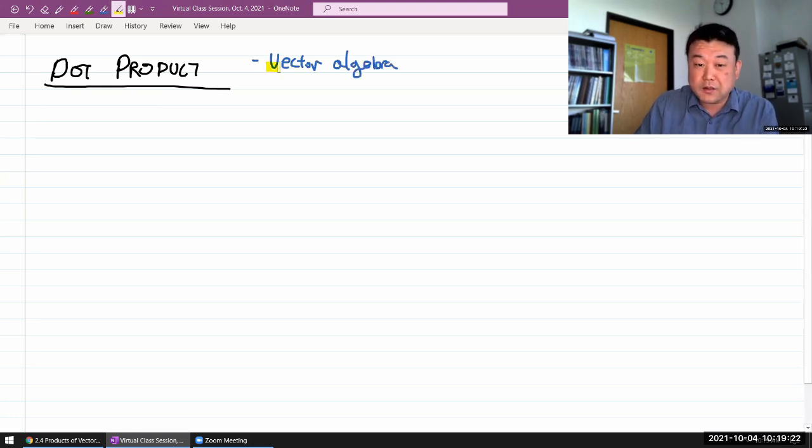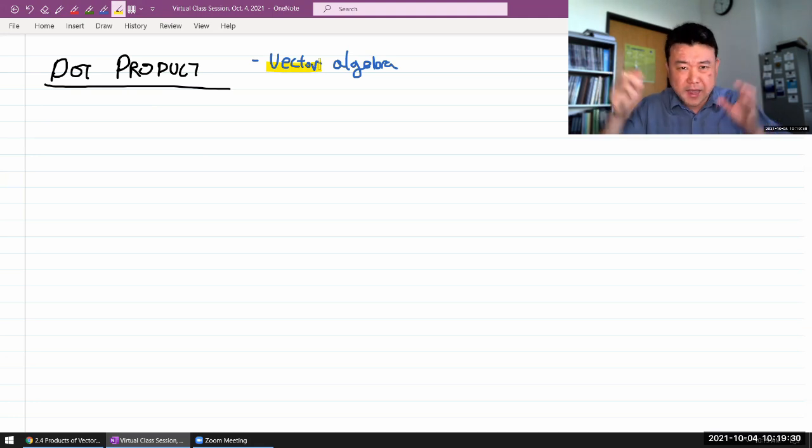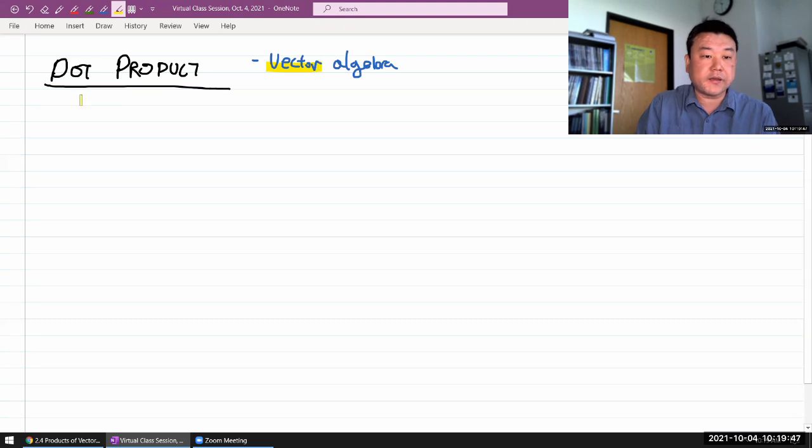This might be the first science math class where you've seen vectors, and even if it wasn't the first, no other class emphasizes vectors as much as physics class does. At the beginning of the semester, we introduced vectors as an arrow-like quantity that has a magnitude and direction, and we talked about vector sums and vector differences, which is one part of vector algebra.